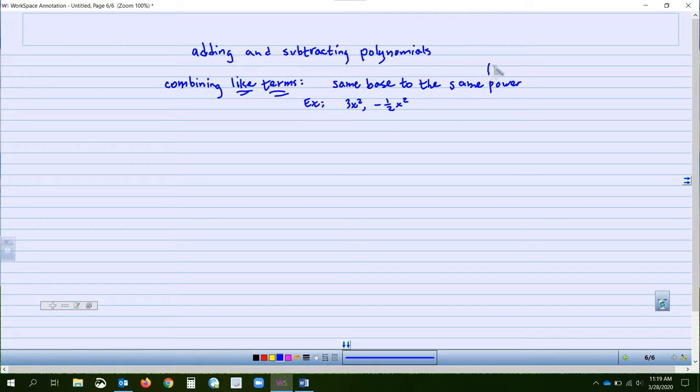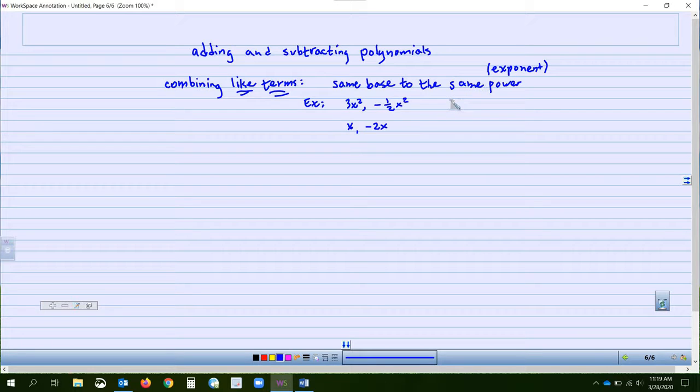Or remember, we called the power an exponent, right? So x and negative 2x, those are like terms. They have the same base to the same power, the same exponent. Well, it doesn't look like it has an exponent, but there actually is an exponent of 1 right there.